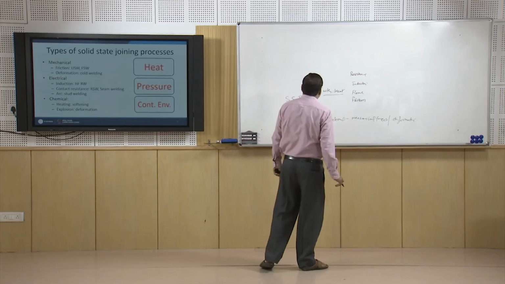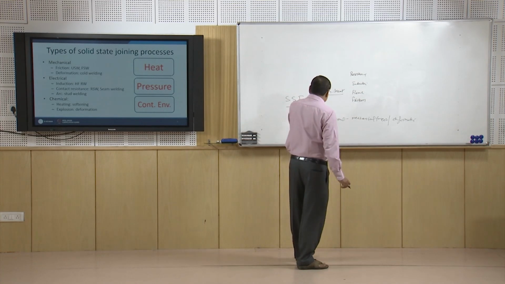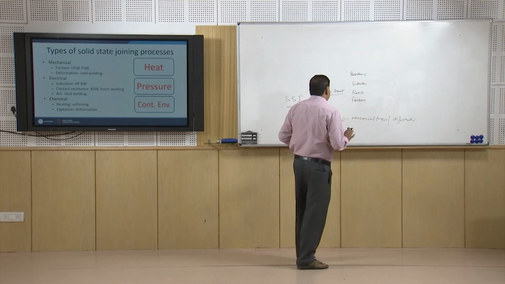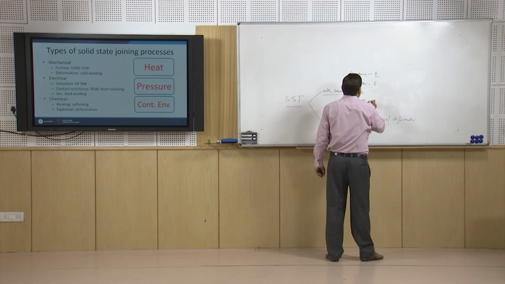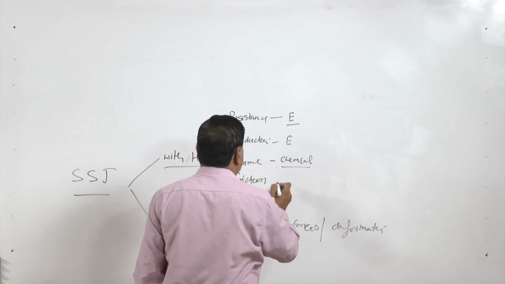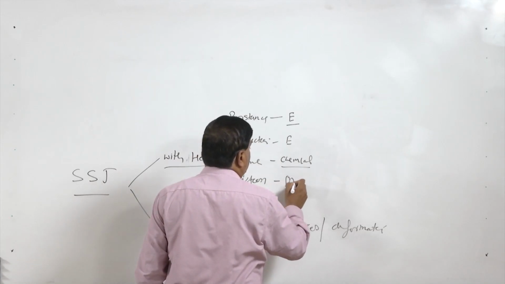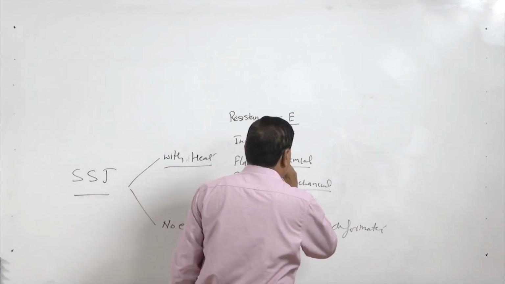So, if we see those processes which use heat or which do not use heat. So, the resistance heating is involved. This will obviously be using the electrical current, this also will be using electrical current, this will be using the chemical gas mixture combustion for heating purpose, and this will be using the mechanical energy for application of the heat.